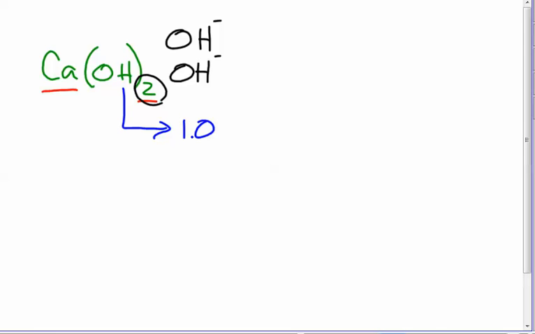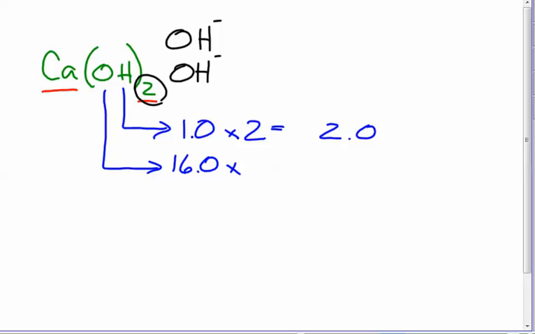Hydrogen, according to the periodic table, has a molar mass of 1 gram per mole, but since there are 2 of them, we multiply that by 2. Oxygen has a molar mass of 16 grams per mole, but once again, since we have 2 oxygens, just like we had 2 hydrogens, we have to multiply by 2, which gives us a molar mass of 32 grams per mole for those oxygen atoms.